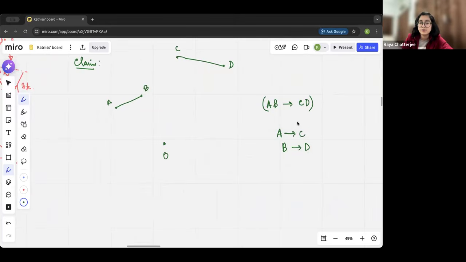So you are going to have some center O that is going to send A to C and B to D. And what this means is that triangle OAB is going to be similar to triangle OCD.